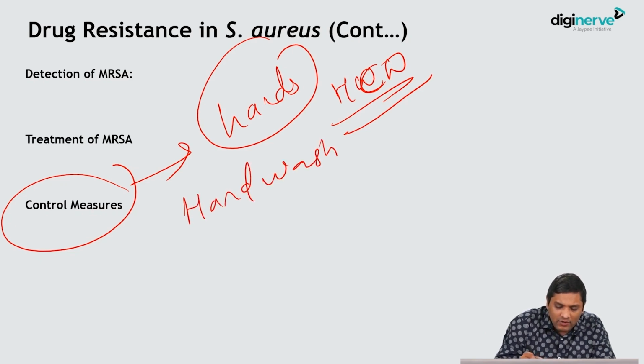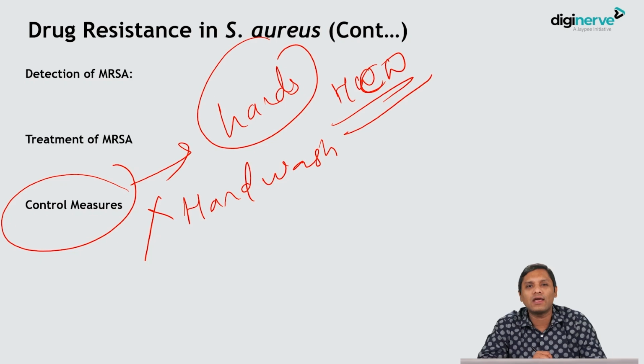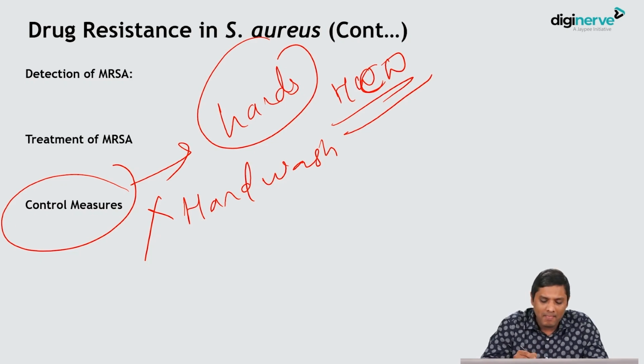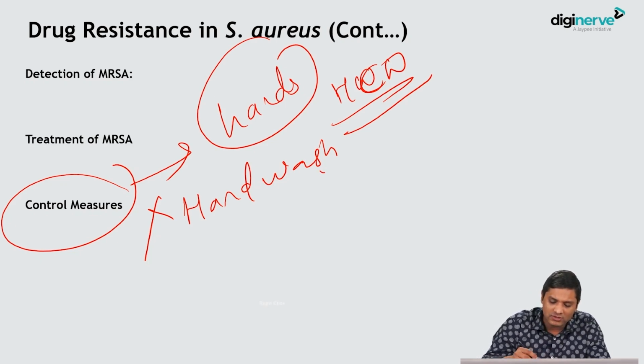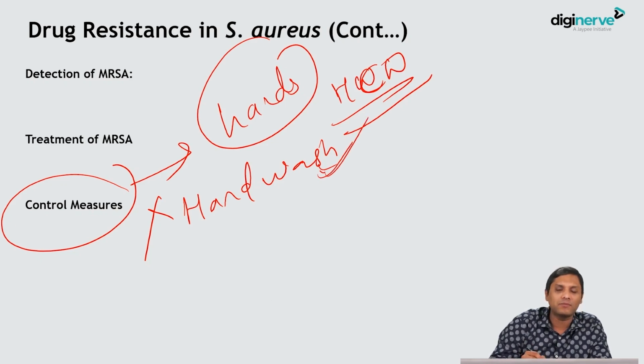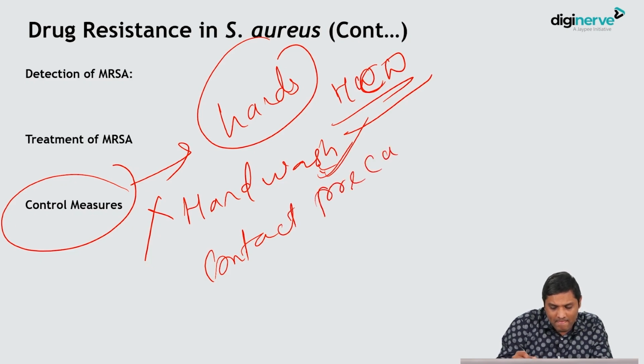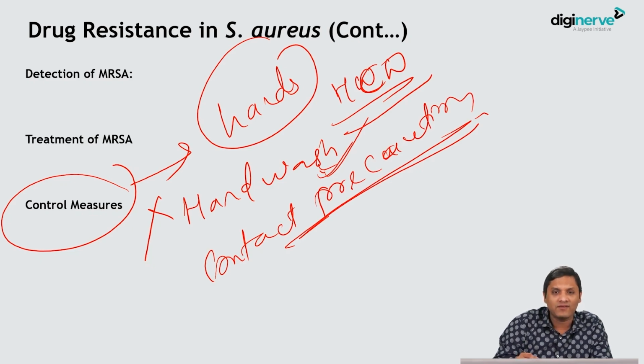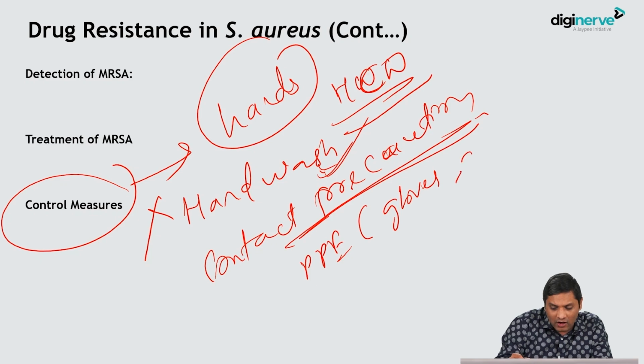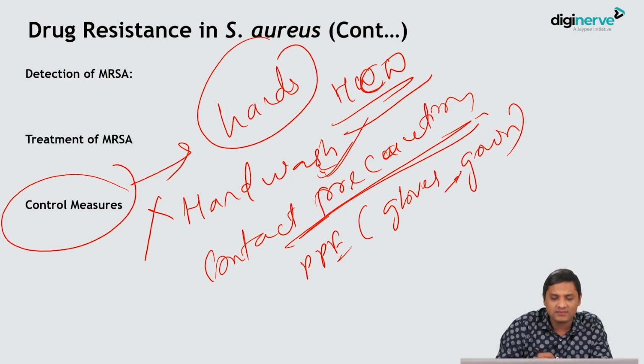The most important way to contain MRSA spread in hospital is frequent hand wash and use of other barrier precautions, especially contact precautions, like for example use of PPE such as gloves and gowns when you handle MRSA cases.